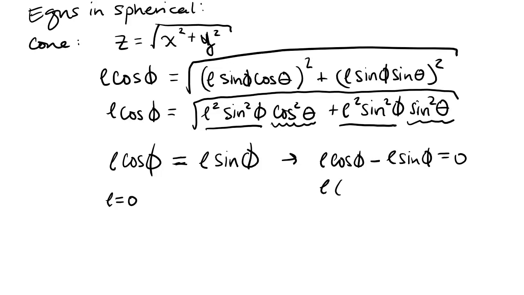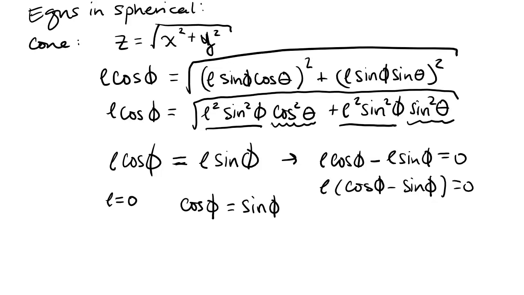So then factor out the rho. We could have rho equals 0, or we could have cosine phi equals sine phi from this cosine phi minus sine phi equaling 0.